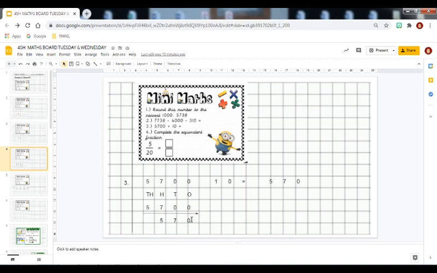That now becomes 0 in the ones. The 700 becomes 7 tens. I've moved it one place to the right. And the 5,000 now becomes 500. So 5,700 divided by 10 equals 570. This is something we are going to be working on more in today's lesson.